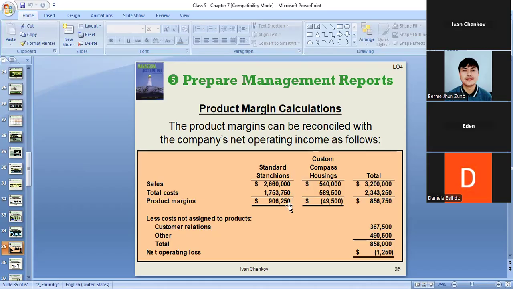Because the standard sanction itself generates $906,000, which is enough to cover the total cost. We're not going to save anything on those costs if we eliminate this division, but the profit margin we're generating is more than the total costs which are not allocated. So we're going to end up on the positive side.